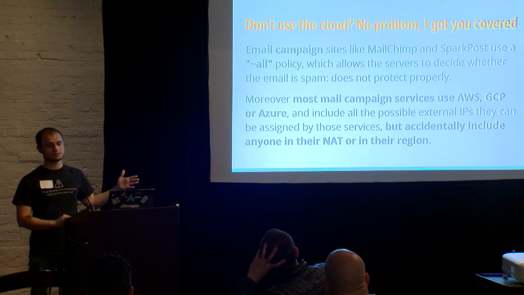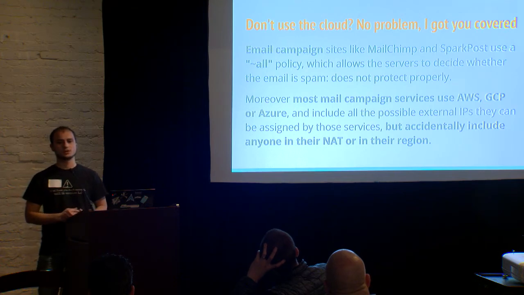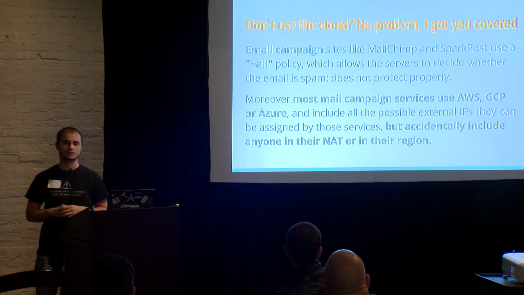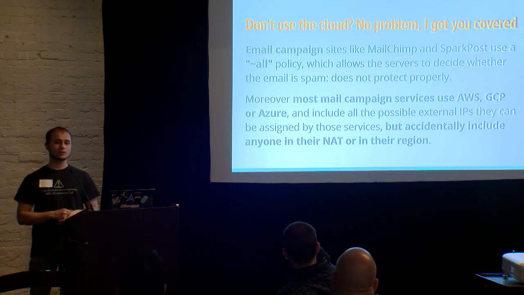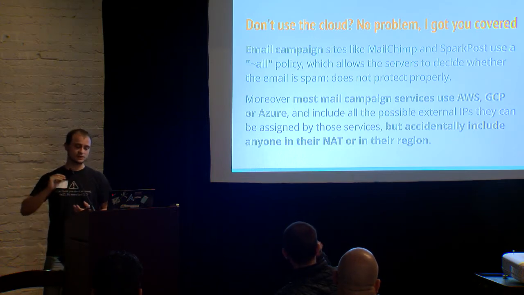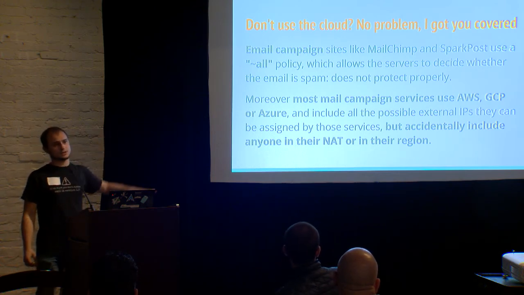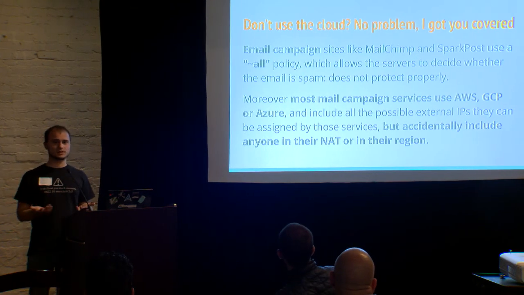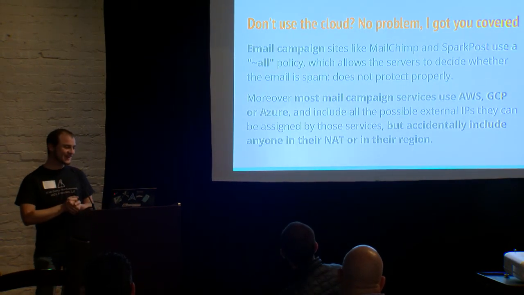Everything was about the cloud. So what if you don't use any cloud services? Well, that's still an issue, because let's say you use an external campaign service like MailChimp, SparkPost, or any of such. They don't want their emails to be flagged as spam by accident, so their SPF records are really badly implemented, and the tilde all at the end says, basically, if you get this and you think it's spam, it might not be, so please don't just assume it's bad, which does not provide any protection.